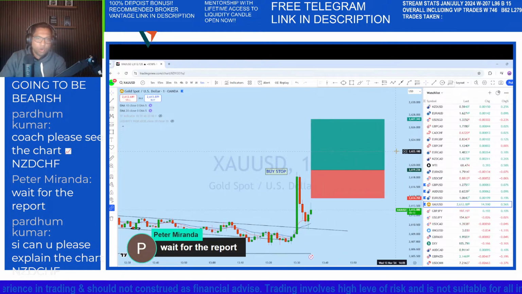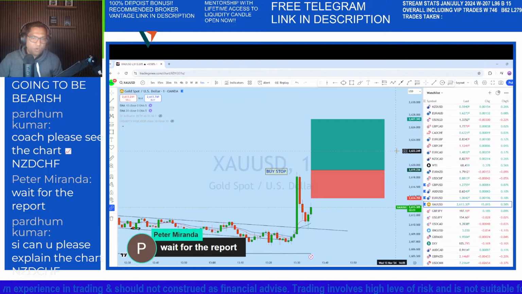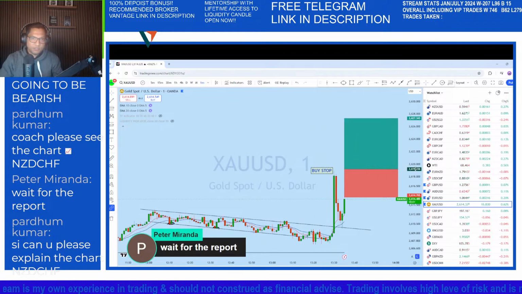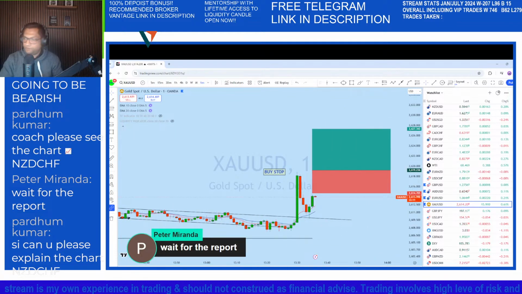So I placed the buy stop on 2619.236, stop loss at 2614.765, TP target 2627.343. If the market breaks this swing high, we will be entering the trade. It's the primary goal of this trade.